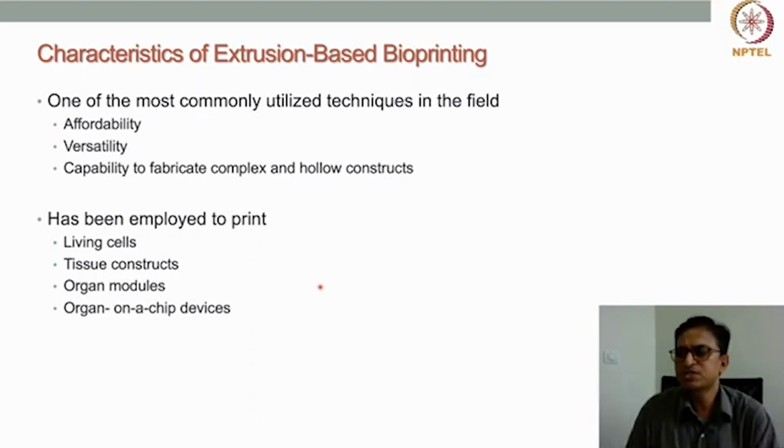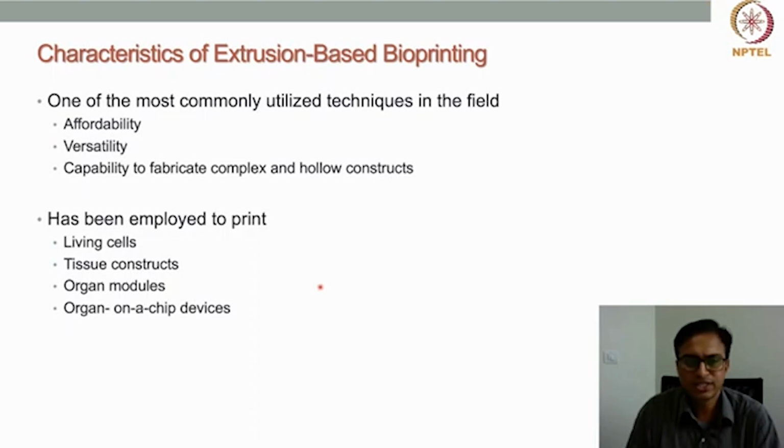It is also highly versatile, because it has the capability of printing different types of materials. You can use any type of material, either in solubilized form, emulsion form, or suspension form. You can also use different composite materials. We can even use different cells, cell clusters, and spheroids as bioink.